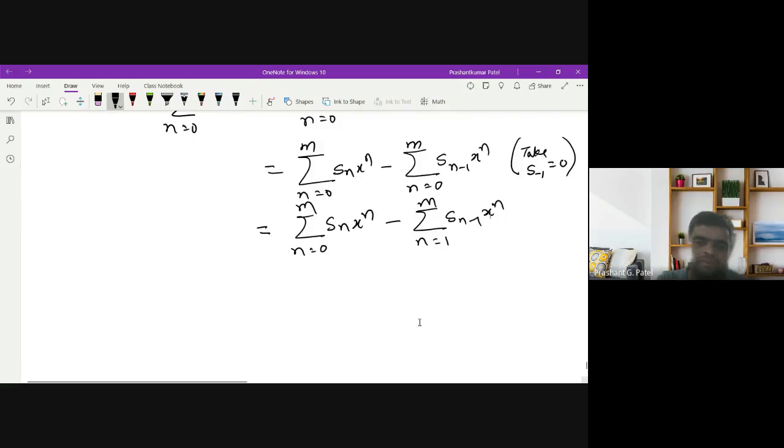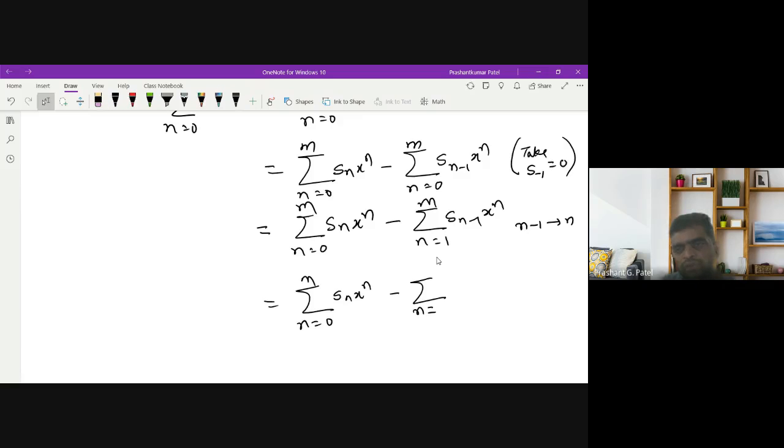And here if I change the index by replacing n minus 1 with n in the second summation, then that will be n running from 0 to m Sn x raised to n minus summation n running from, now when I replace n minus 1 with n, when n starts with 1, this new n will start with 0 and the limit is m, so the new limit will be m minus 1. This is Sn and x raised to n plus 1 we can have.